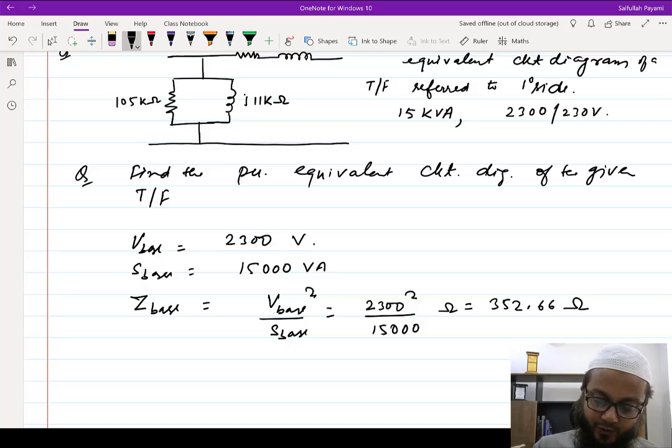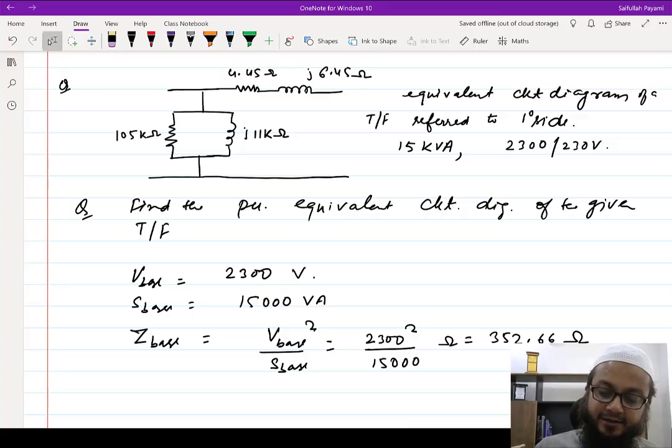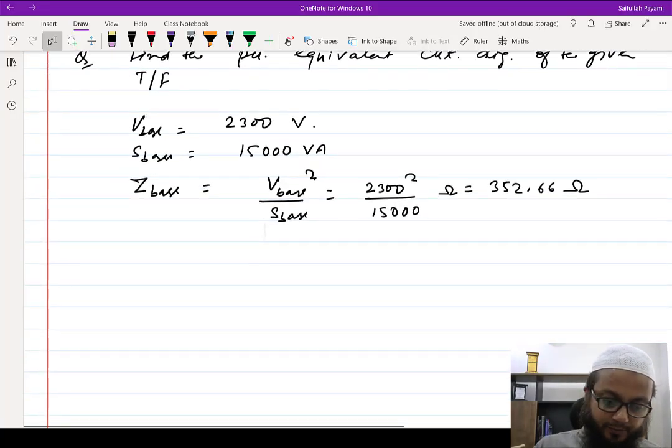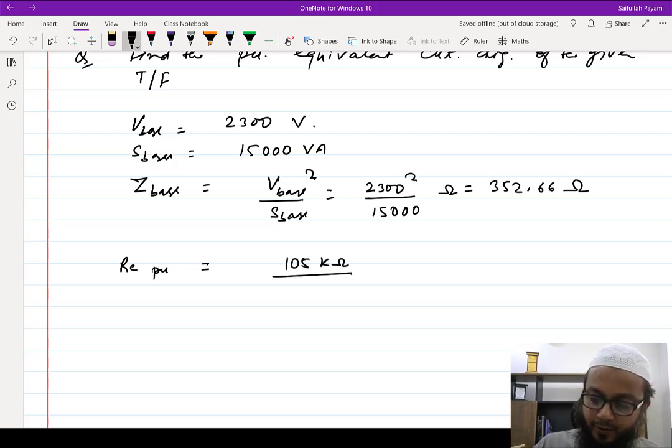Now you can easily convert these impedances directly, right? R_C per unit would be 105 kilo ohms upon 352.66 ohms.